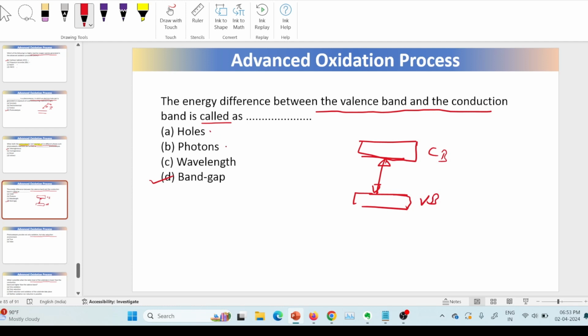Photons are used in photocatalysis, with a wavelength which will fall over the photocatalyst. Hole is the vacancy created when an electron leaves the valence band. So when an electron leaves from the valence band to the conduction band, a hole is formed, and the electron goes to the conduction band.